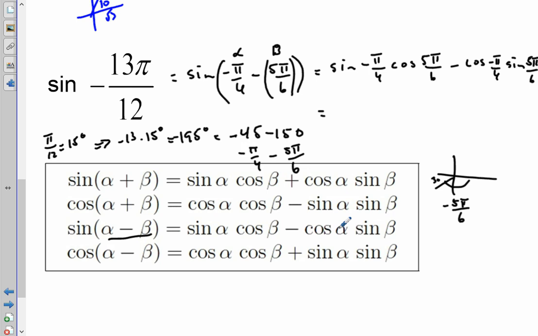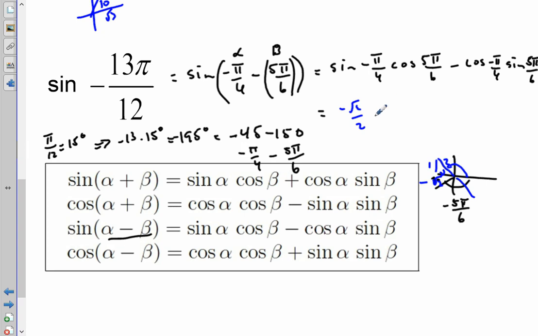Solving this puppy. Going over here, sine is going to be negative square root 2 over 2. This is in the fourth quadrant. Cosine of 5 pi over 6, we have this right here. It's going to be right there. So cosine of pi over 6, which is 30 degrees, would be 1, root 3, and 2 with a negative right there.